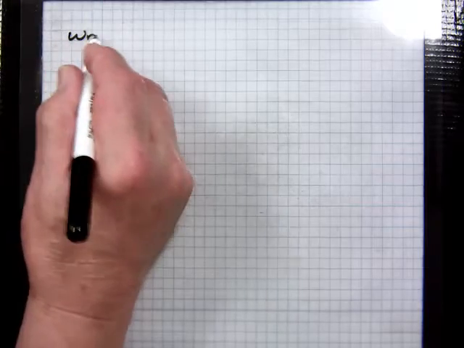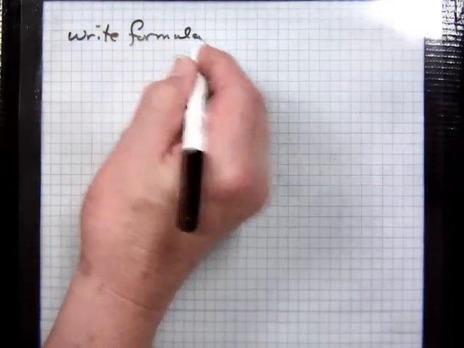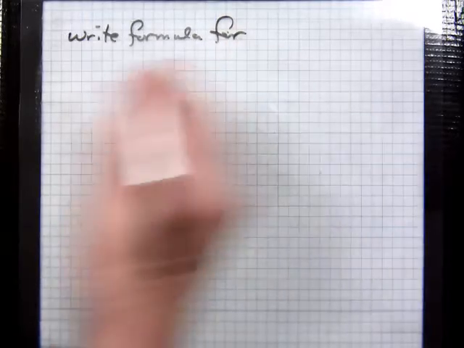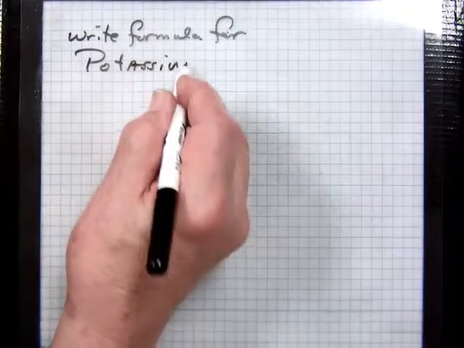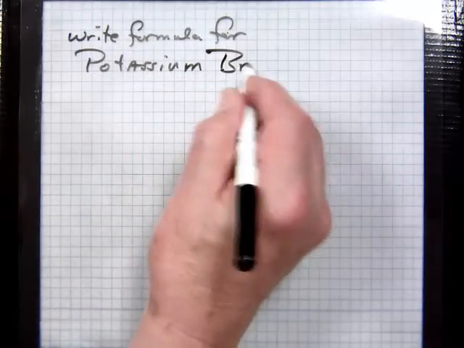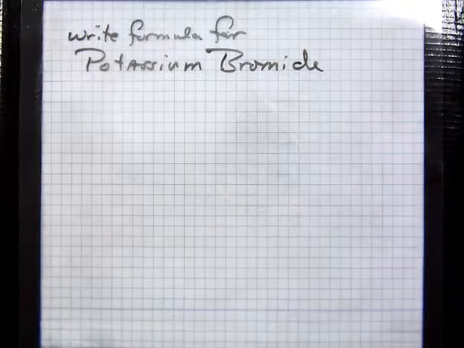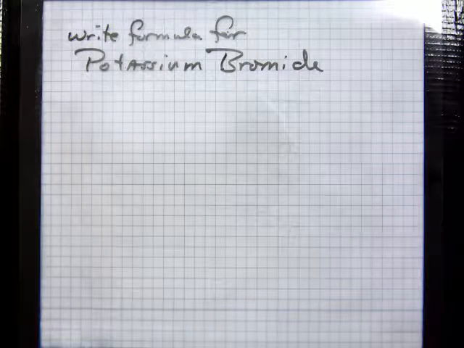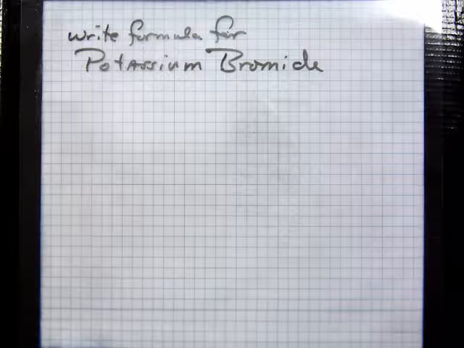Neutral compounds, let's say, write the formula for potassium bromide. Well, if you look on the periodic chart, you'll see potassium in group 1. Well, that's way on the left side.